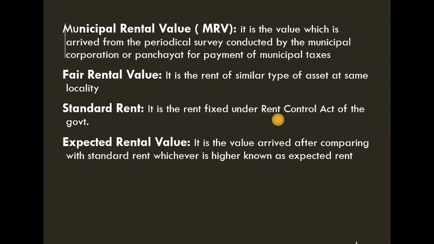Then expected rental value. What is expected rental value? When you compare municipal rental value and fair rental value, whichever is less is called the notional rent, and that notional rent is compared with the standard rent. Here you take whichever is higher, and that is the expected rent. So it is a value arrived at after comparing with standard rent. Whichever is higher is known as expected rent.